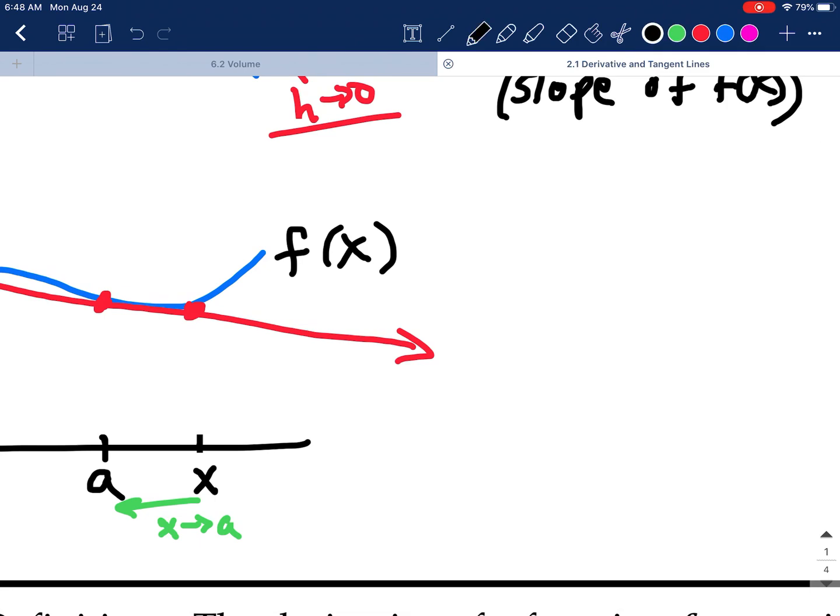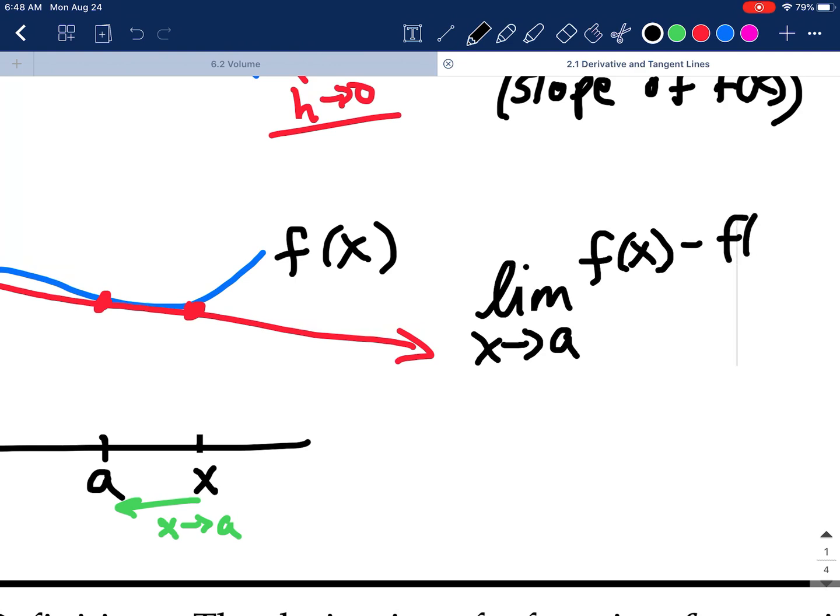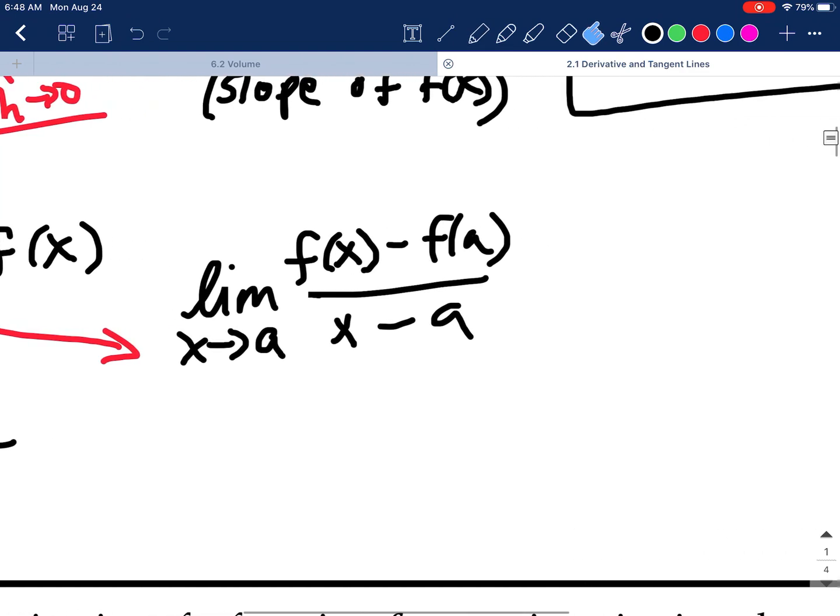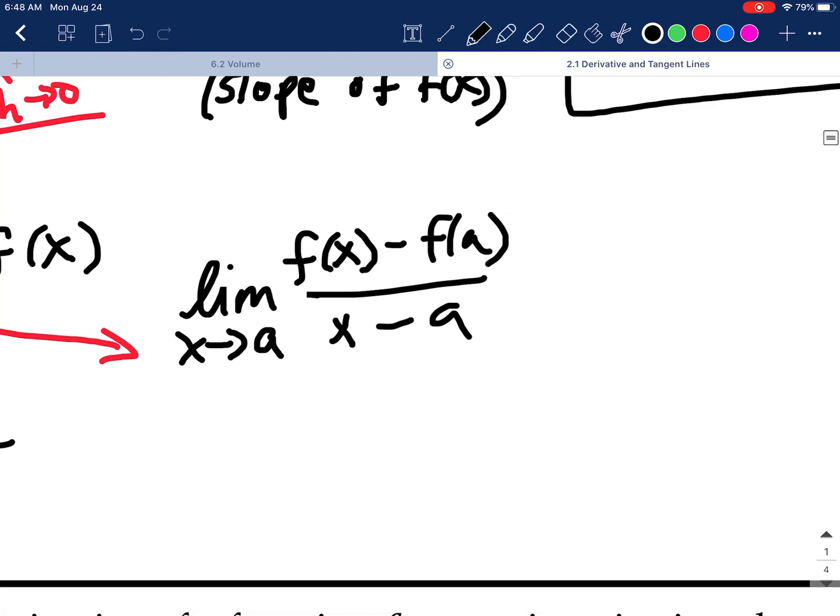And what we would get is the limit as x approaches a with f of x minus f of a all over x minus a. So similar process, only now we're doing it at a specific point.